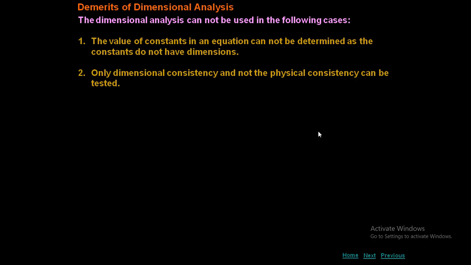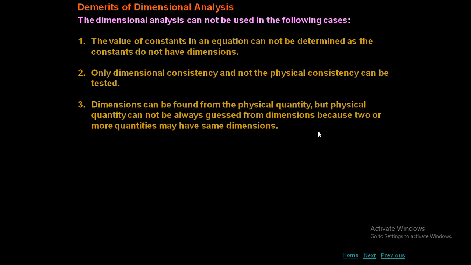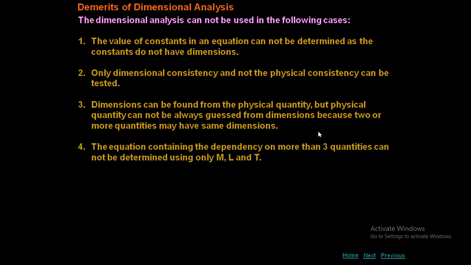So only dimensional consistency and not the physical consistency can be tested. Dimensions can be found from the physical quantity, but physical quantity cannot be always guessed from dimensions because two or more quantities may have same dimensions. So if you're having quantities involving same dimensional formula, then we cannot determine them.